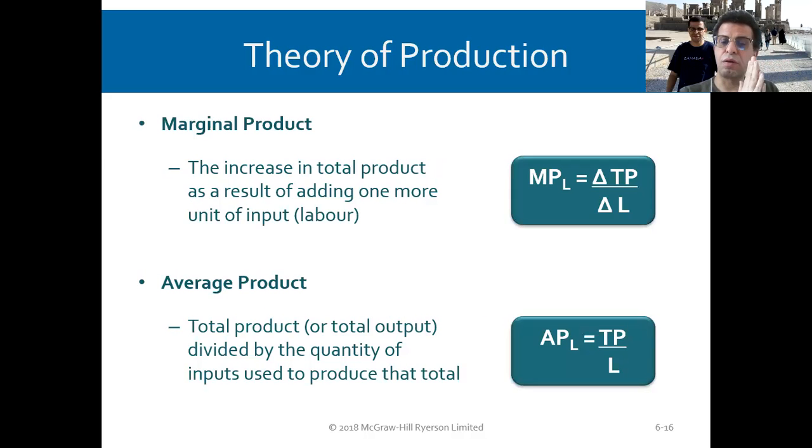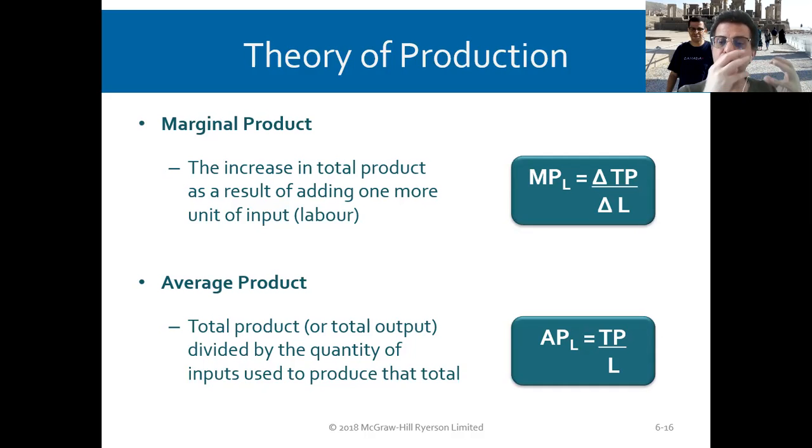In the theory of production, there is what you call the marginal product, the increase of the total product as a result of adding one more unit, like one more labor, for example. When you add one more labor, you notice that if you are moving things around and you add one more person, things will move faster.